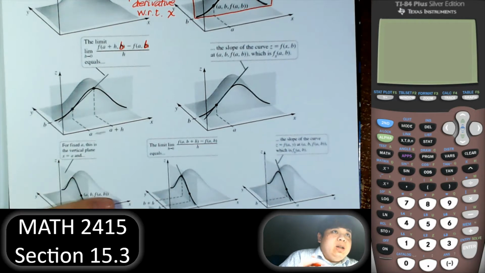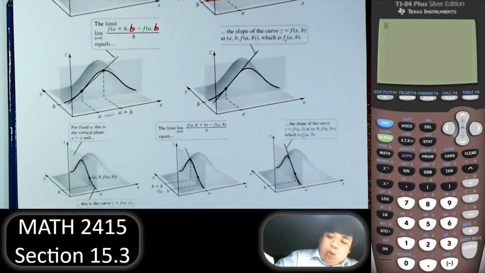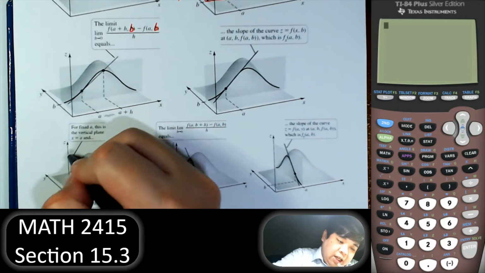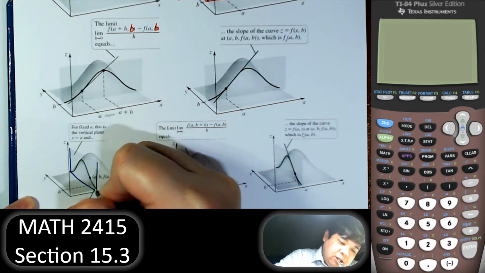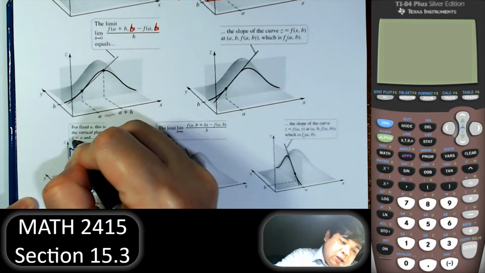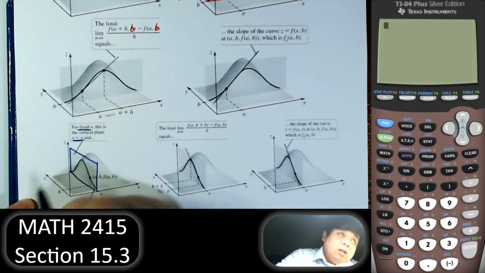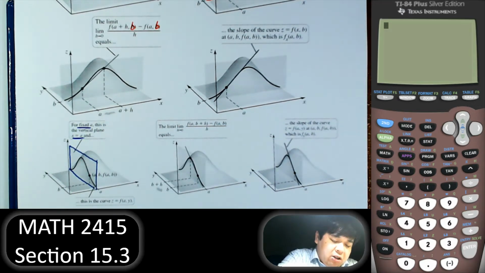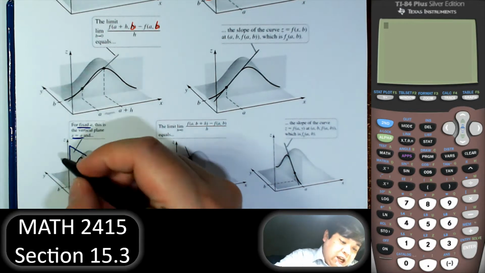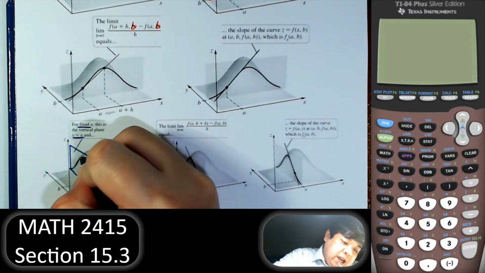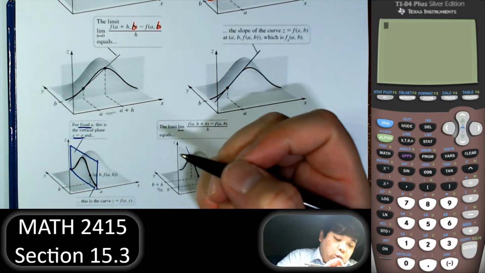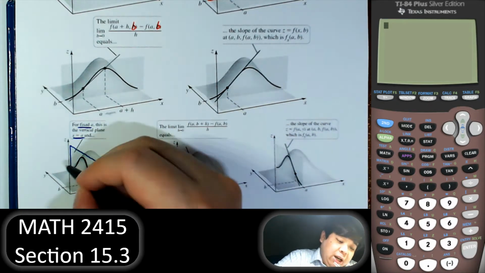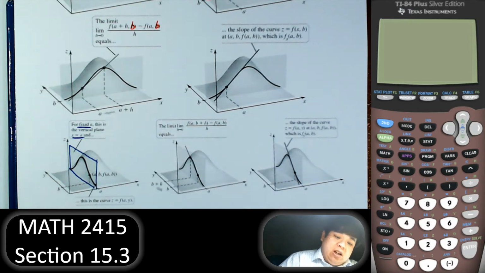And likewise, we do the same thing. We can let x be a constant. If we let x be a constant, there is the intersection of the graph and the plane x equal to a, sorry, and then we define the slope of the tangent line.